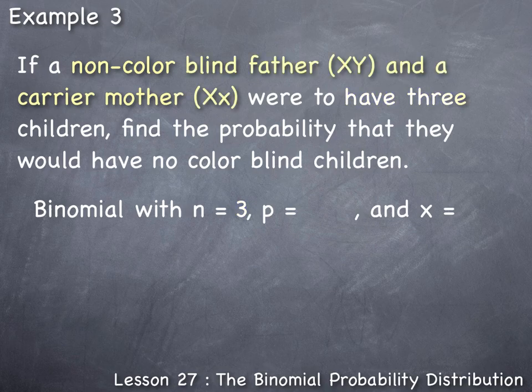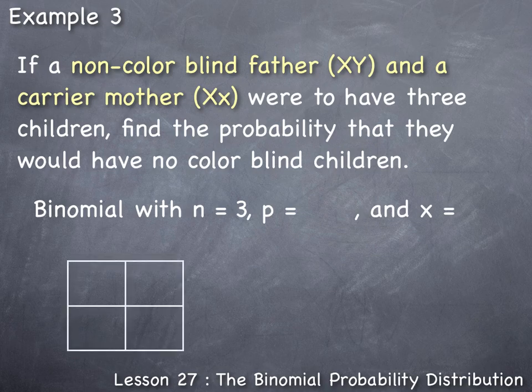Next, p represents the probability that it results in any one of these outcomes every time they have a child. In this case, we're focusing on a colorblind child. So if a non-colorblind father, which has a genotype capital XY, and a carrier mother, which has a genotype capital X lowercase x, were to have children, every time they have a child, we'd get the following result.